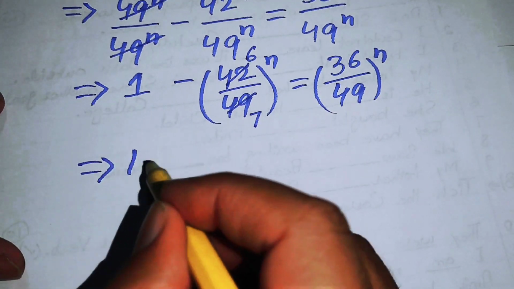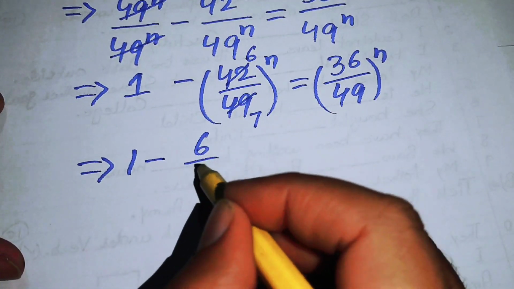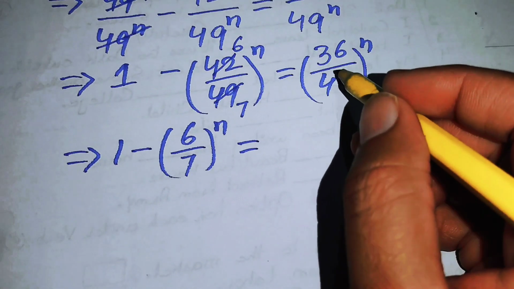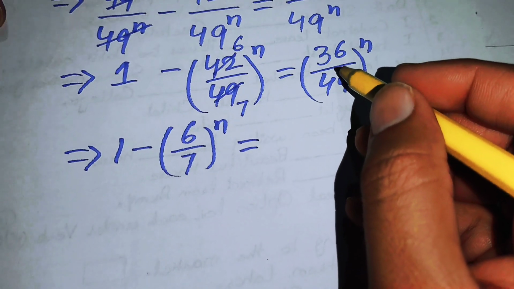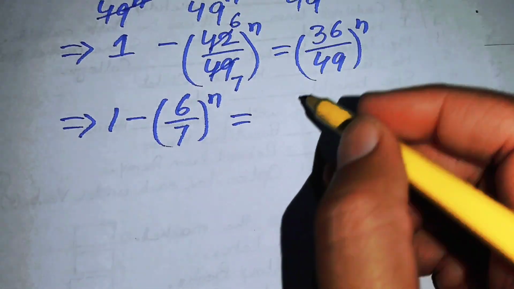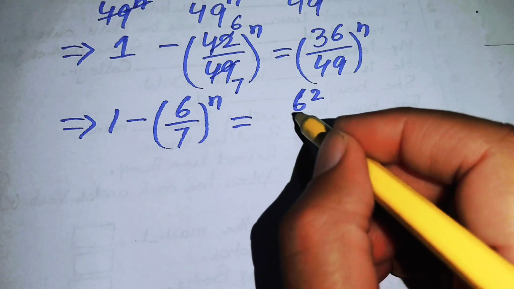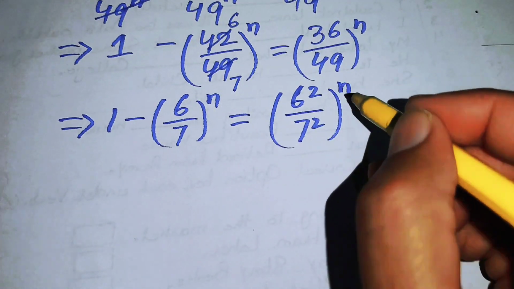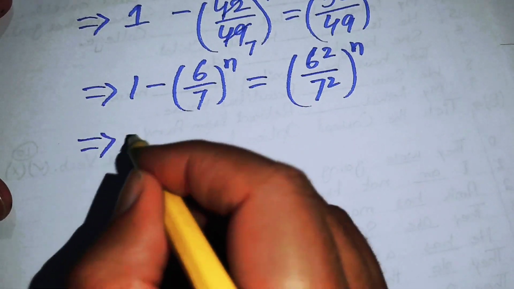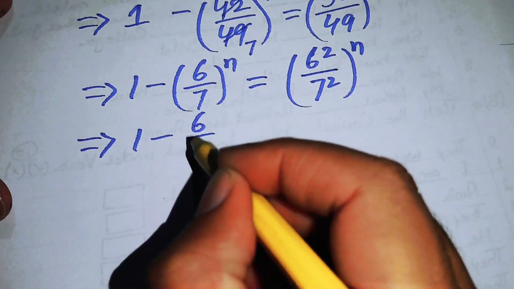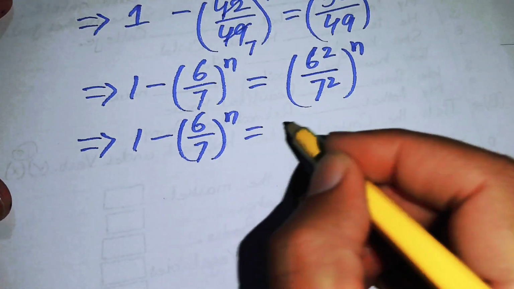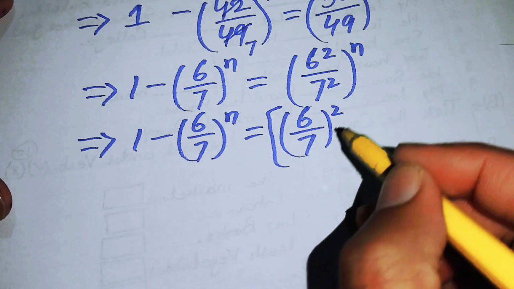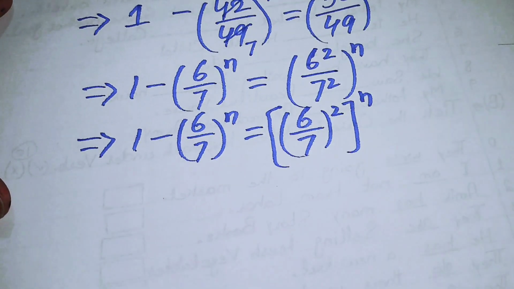So here you have 1 minus 6 over 7 and its whole power n equals, here we write 36 as 6 squared, and we write 49 as 7 squared, and its whole power n. Now we can write the right hand side as (6 over 7) whole squared and its whole power n.